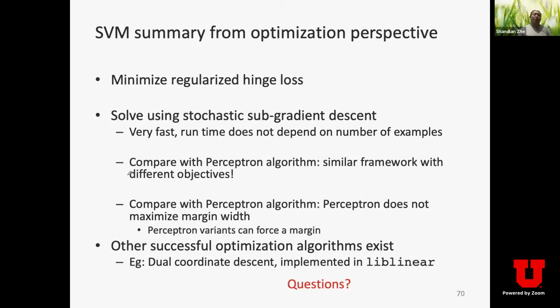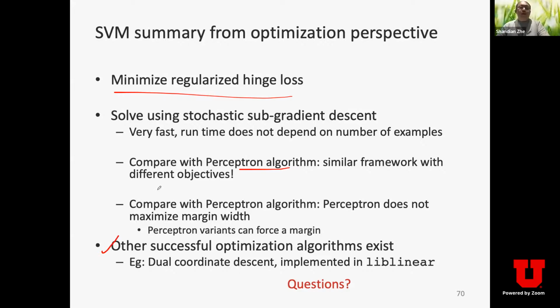Okay, so now I'll come to the summary. From the optimization perspective, SVM essentially minimizes a regularized hinge loss, and we can use stochastic subgradient descent to solve that problem. We also found, surprisingly, that the perceptron algorithm is using the same framework, except that it chooses a different loss.